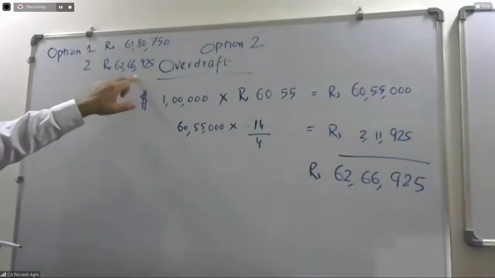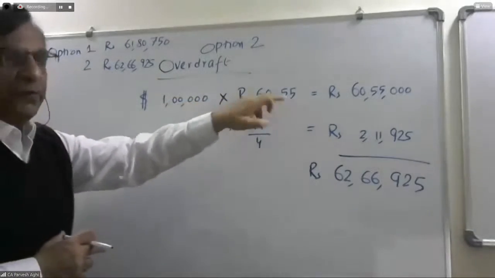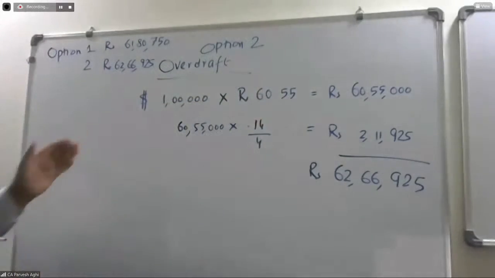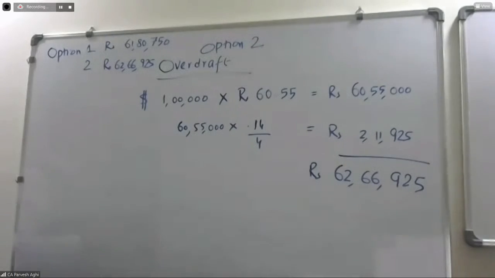Option number 2 was immediate payment. The dollar is trading today at 60.55, whereas the forward rate is lower than this. So option number 2 will be costlier for him if he uses the current rates, because the dollar is stronger today compared to what it is going to be in the forward rate.